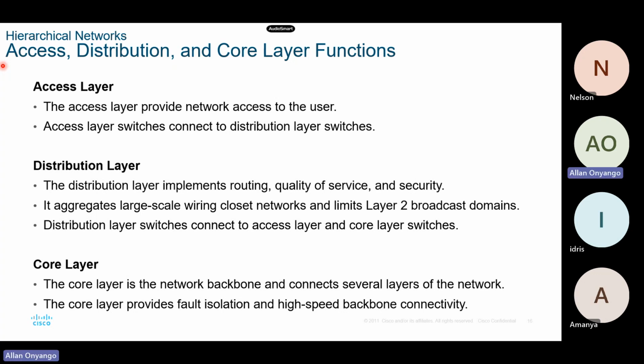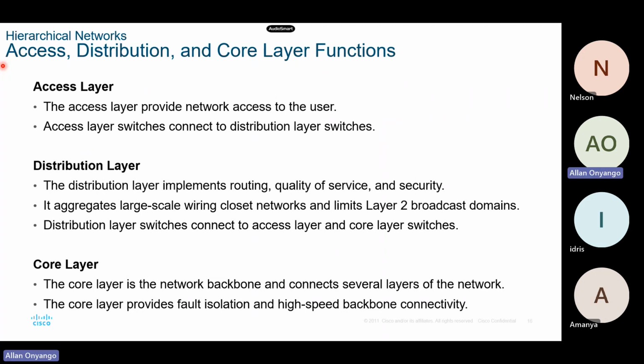Now, talking about the distribution layer switches, they implement so many services, including routing, and of course, running the dynamic routing protocols and static routing. There's quality of service within the distribution layer, and there's so much of security. Okay.